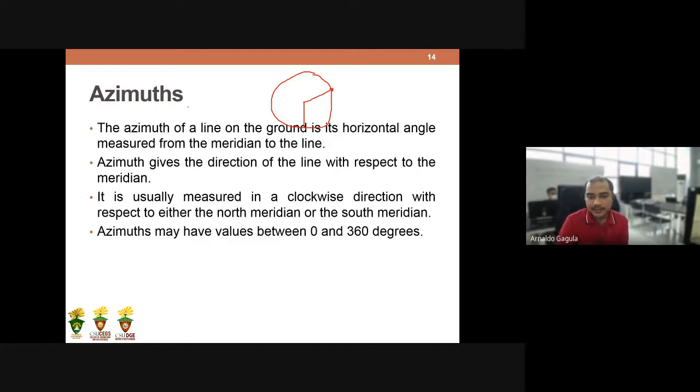So the azimuth angle is the horizontal angle measured from the meridian to the line. So from here toward this line, that is the azimuth.